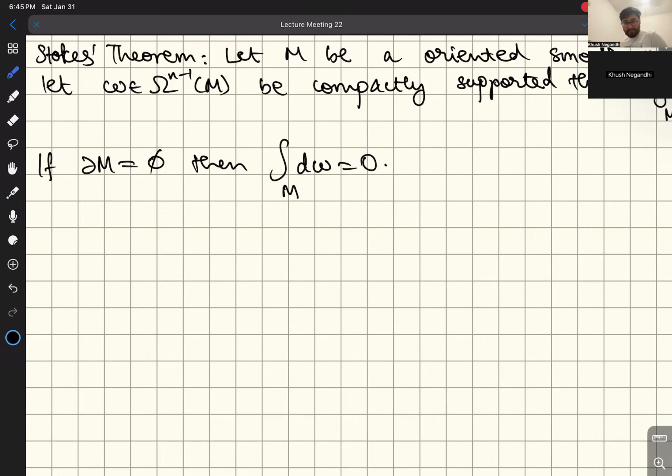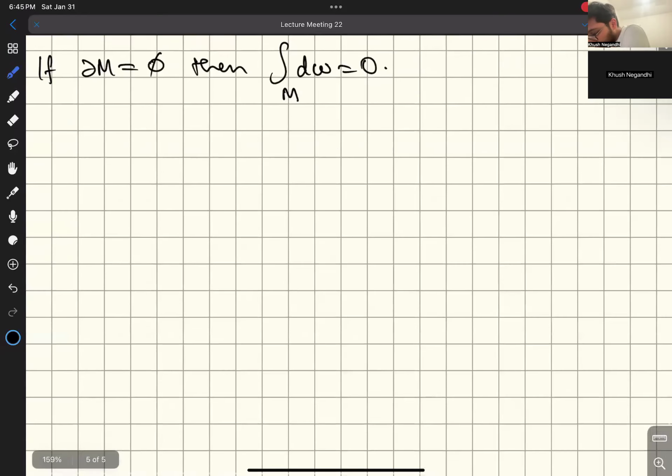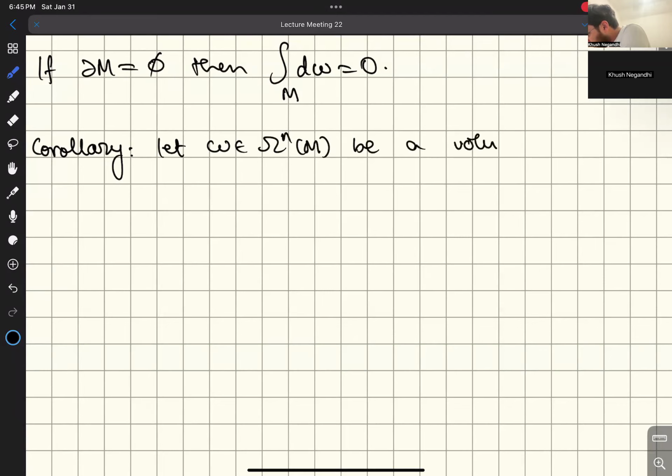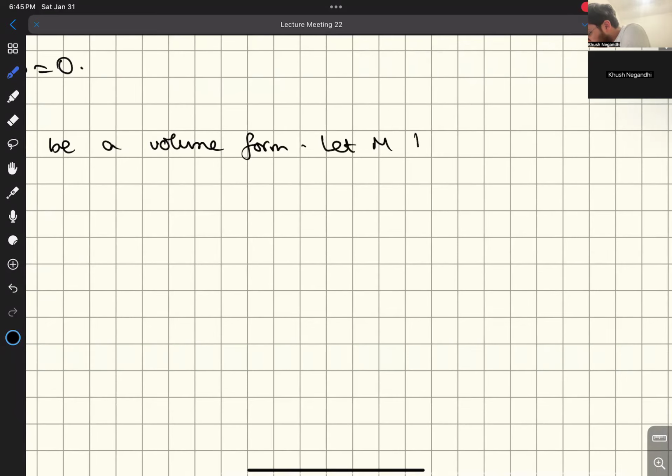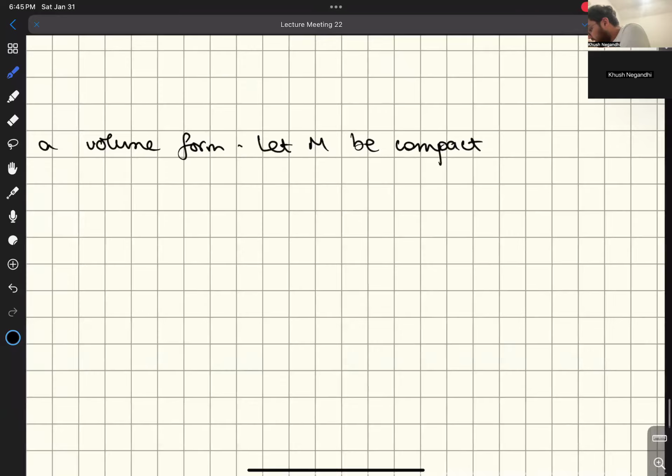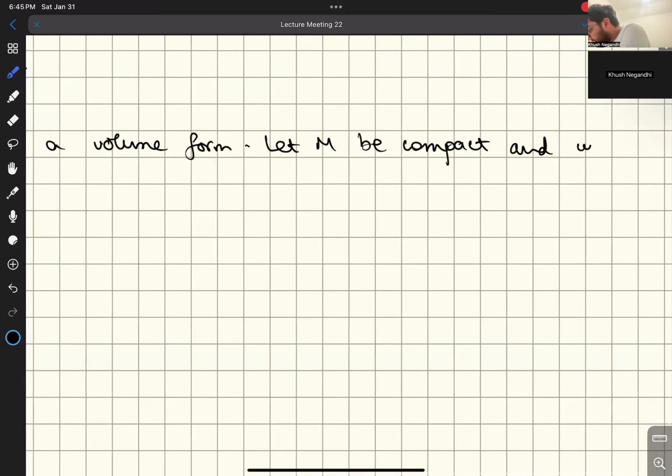But okay, one major consequence of this is the following. So consequence, I guess corollary. Let omega be a volume form. Let M be compact and without boundary.